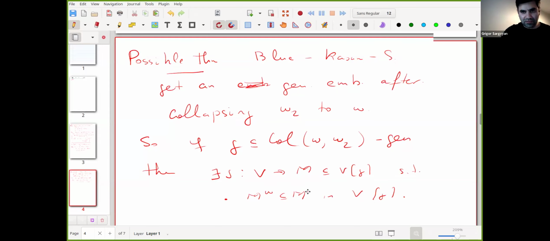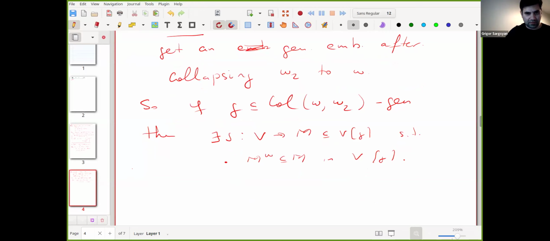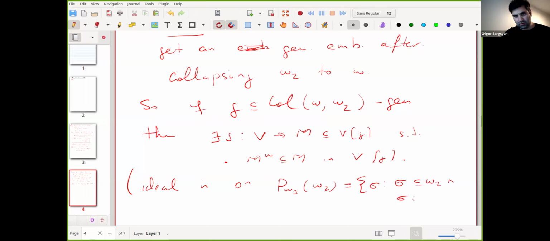The ideal that we have is on P_omega-1(omega-2), the countable subsets sigma of omega-2.